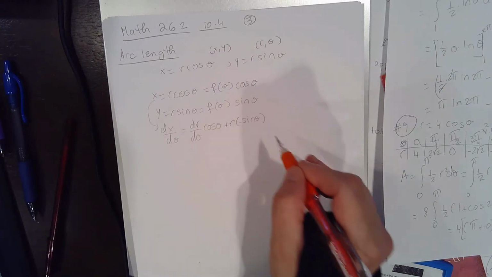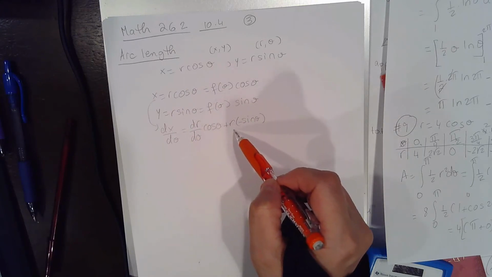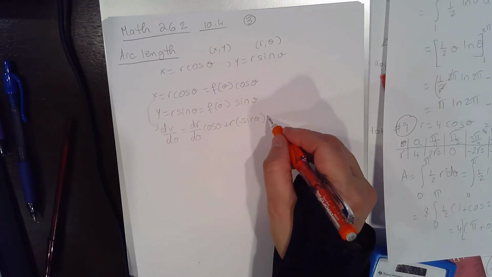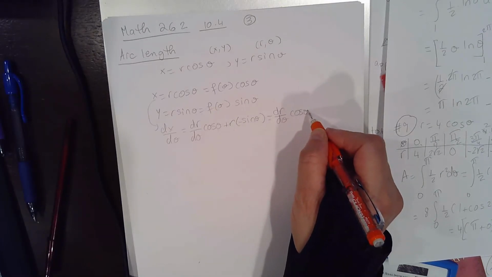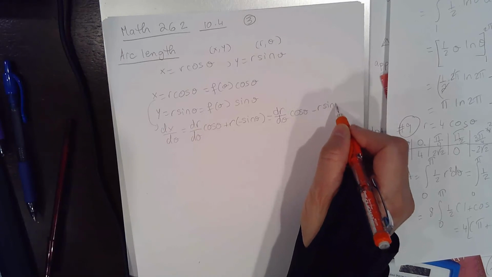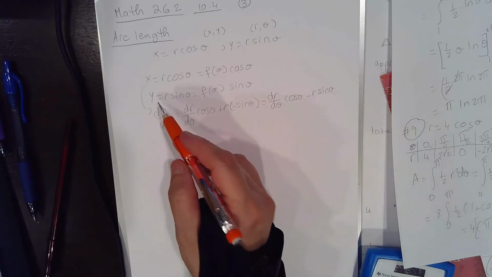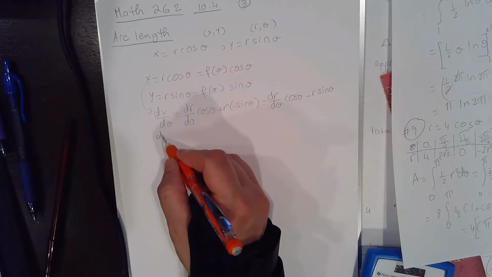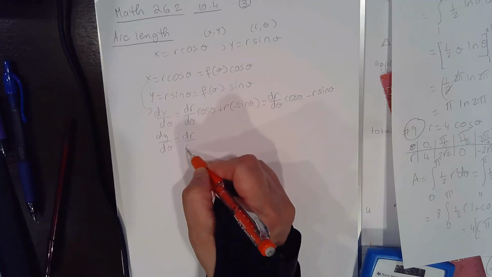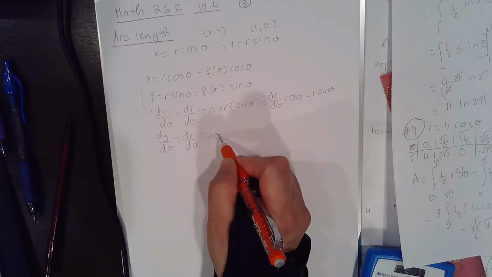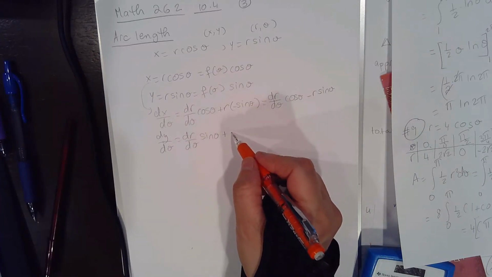We are using the product rule: derivative of the first times the second plus the first times the derivative of the second. So that's the same as dr d theta cosine theta minus r sine theta. Now we're going to do the same thing with y. dy d theta is dr d theta sine theta plus r cosine theta.